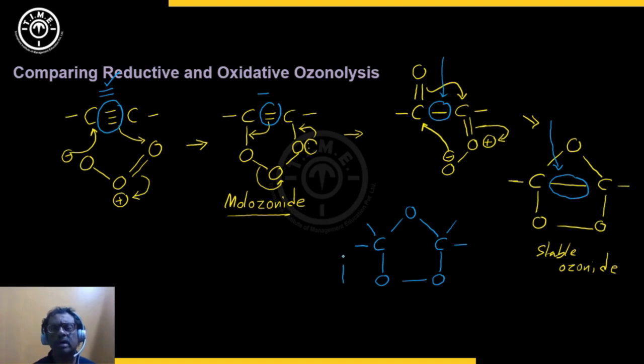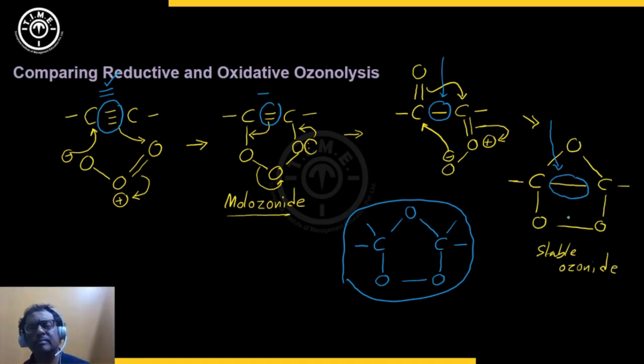So this is a stable ozonide coming from an alkene. This is from an alkyne. Clear? So molozonide can also be shown for an alkene and stable ozonide also for an alkene by doing a similar process. Clear? So this is ozonolysis, meaning it is the formation of an ozonide.